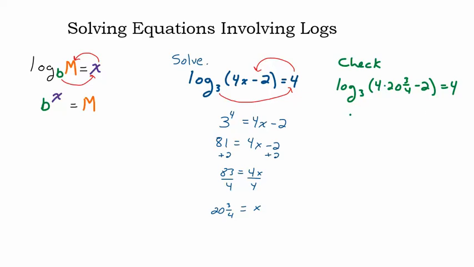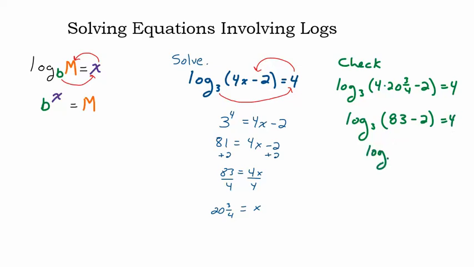Let's see if this is a true statement. Log base 3 of, 4 times 20 3/4. Well, if you do that out, you're going to get 83. Because 83 divided by 4 was 20 3/4, so 4 times 20 3/4 is 83. Take away 2 equals 4.